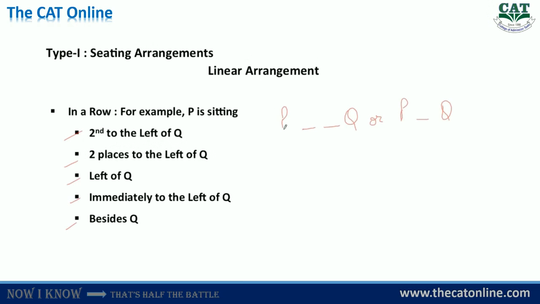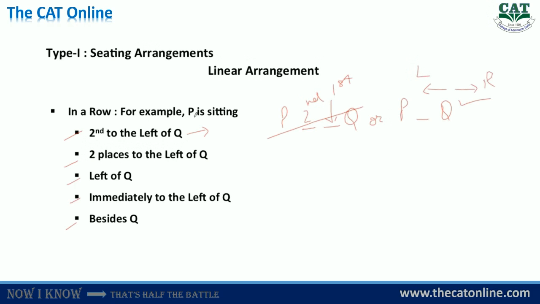Now, in case you are confused, then this place is the first place. This place is the second place. You cannot say someone is sitting at the 0th place to the left of Q. So this is a wrong thing. This is a correct meaning of this one. This is first place to the left of Q. This is right. So P is first and second.